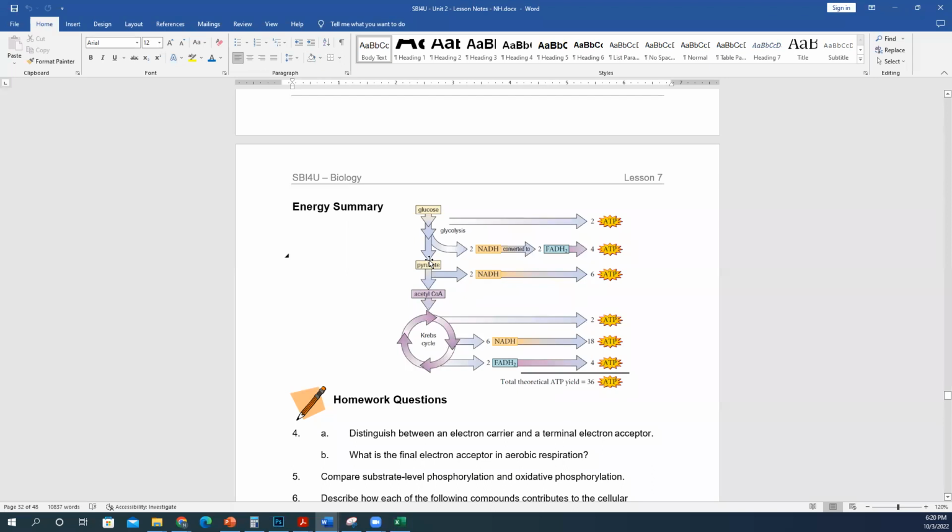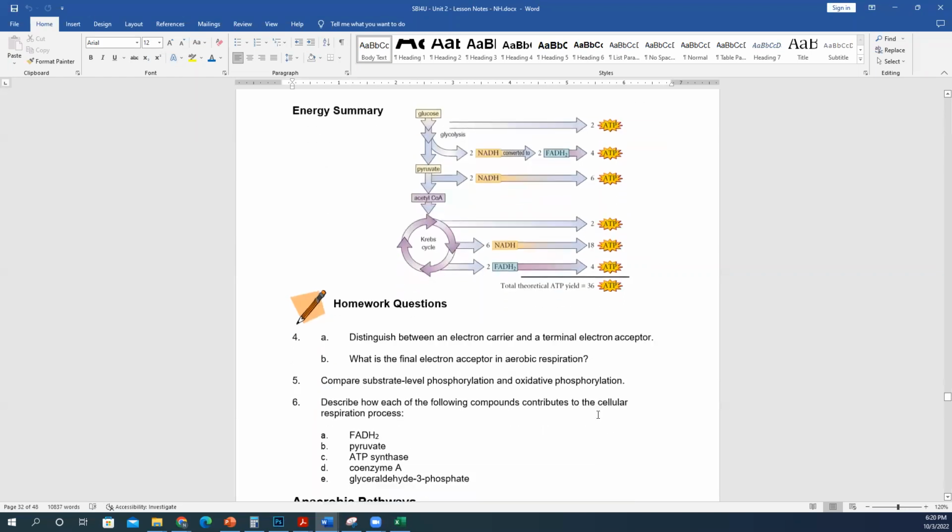And then in the process of the oxidation of pyruvate to acetyl-CoA, you get 2 NADHs, and for every 2 NADHs, you can get 6 ATPs at this level. And then acetyl-CoA enters the Krebs cycle, producing, because there's 2 of them, 6 NADHs, 2 FADH2s, which ultimately produce 18 ATPs from the NADH and 4 ATPs from the FADH2 for a grand total of 36 ATP molecules.